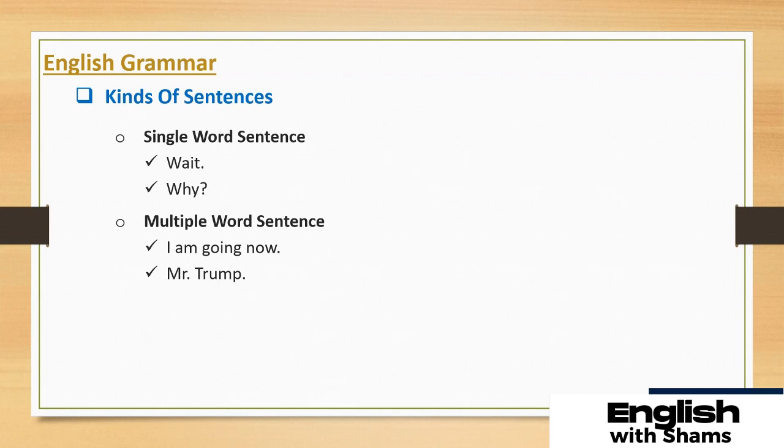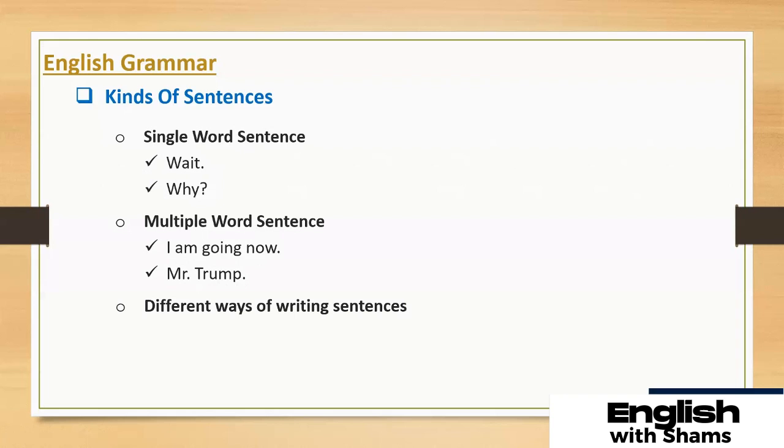Such sentences are called multiple word sentences. A word may be an alphabet or group of alphabets with a meaning, that is called a word. So here we can see we are using multiple words, so it becomes a multiple word sentence. And in this case, single word sentence, only single words are used. So kinds of sentences we will be discussing in detail.